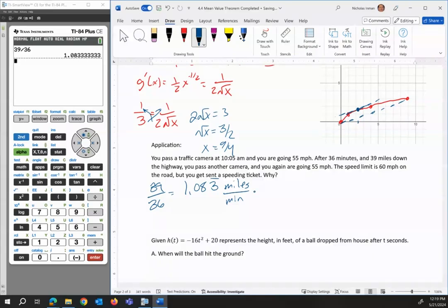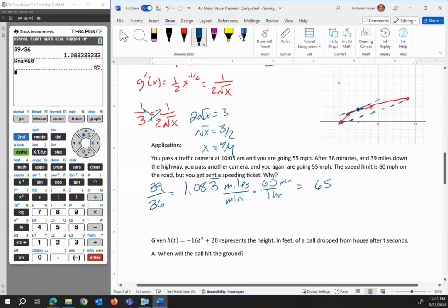Now, to change this to miles per hour, we times by 60. And what that means is that at some point in time, to say this the right way, you averaged 65 miles per hour.